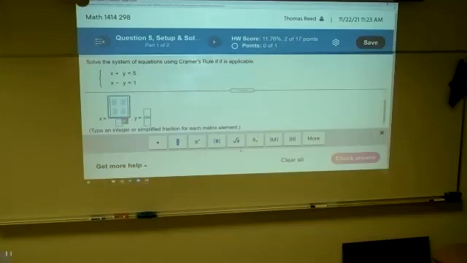Okay. So we're trying to solve for x. So the 5 and 1 replace those numbers in this. And this is going to be a 1 negative.